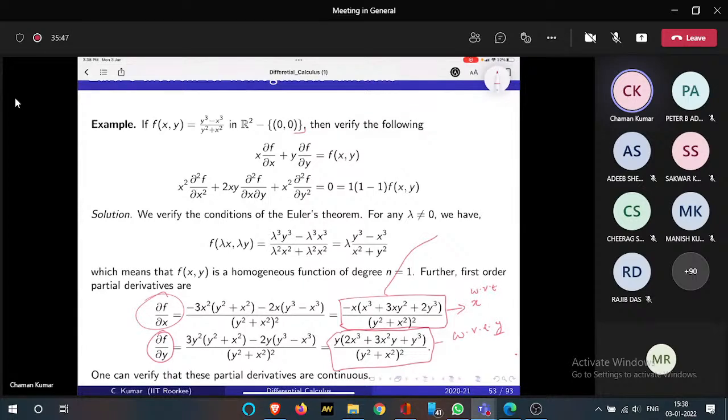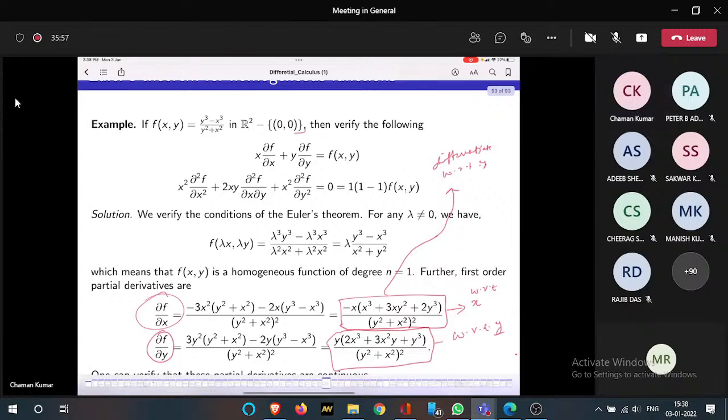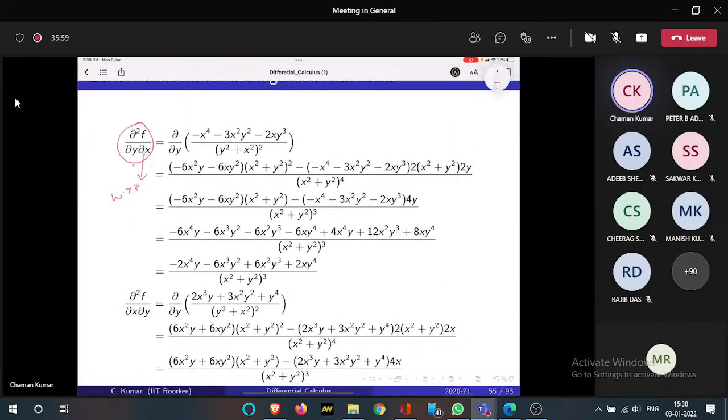So you differentiate this function with respect to the variable y. Okay, so you will get this mixed order partial derivative. Differentiate with respect to variable y by keeping x as constant. Okay, so after simplification, you will get this one.